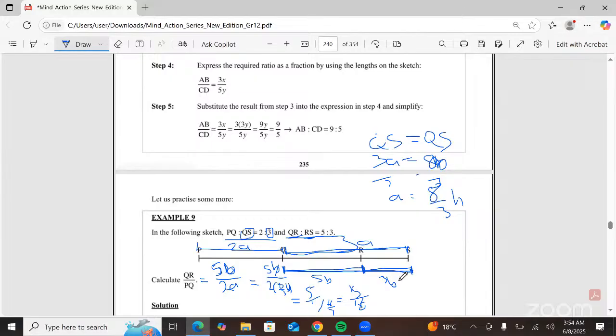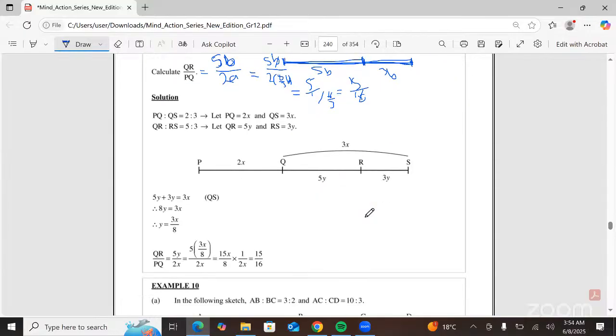Yes, sir. Therefore, because this is QS and this as well is QS, those lines are equal, so you are allowed to say 3A is equal to 5B plus 3B, which is 8B. That is what I did here. Okay, sir. Thank you, sir. Does it now make sense? Yes, sir. Are you sure? Yes, sir. All right, thank you.